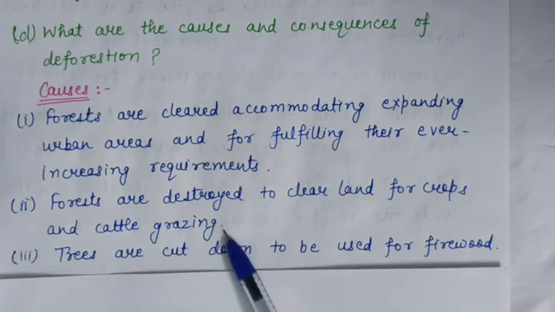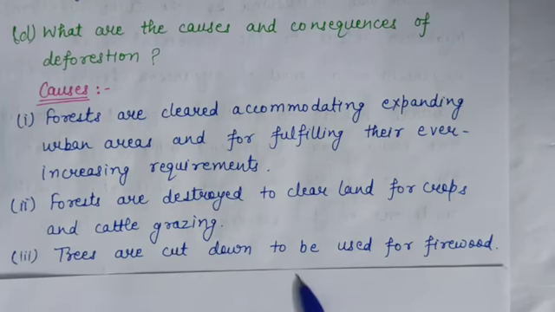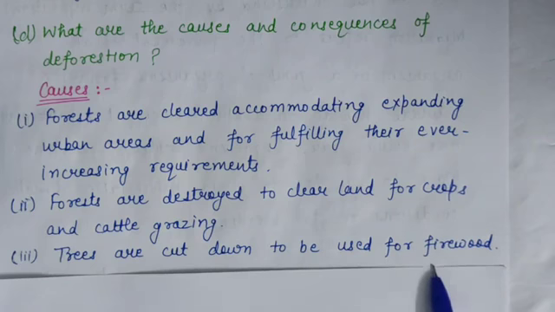Means the plants of the forest will get destroyed by the overgrazing of animals. Third is trees are cut down to be used for firewood. Means to obtain wood, trees are cut down. So it is also a cause of deforestation.